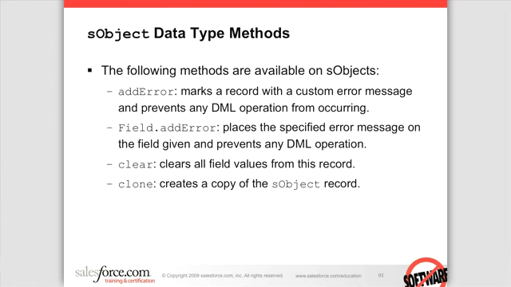Field addError is for associating an error with a specific field. If you think about a validation rule where we had a page level error versus a field level error, the reason for creating a field level error is that it associates the error with the field. We could utilize that if we're using a Visualforce page or a page layout and we want to display a specific error associated with a particular field, by calling the field version of addError.